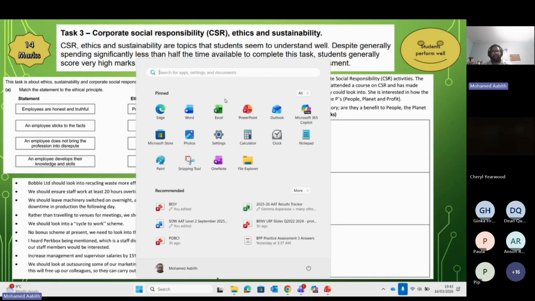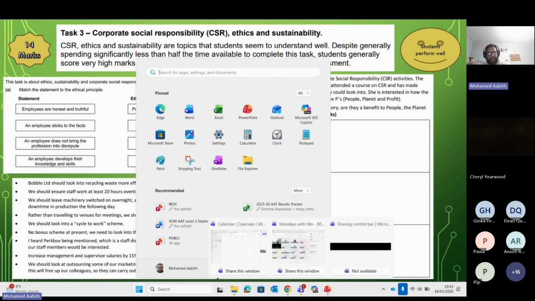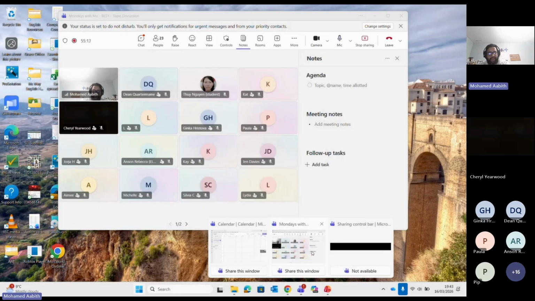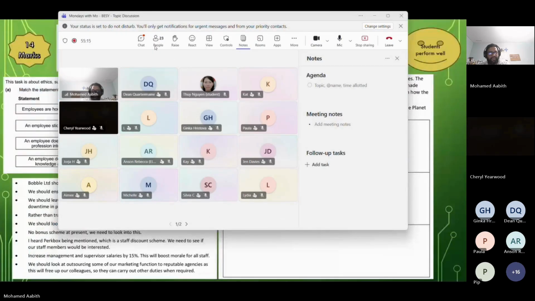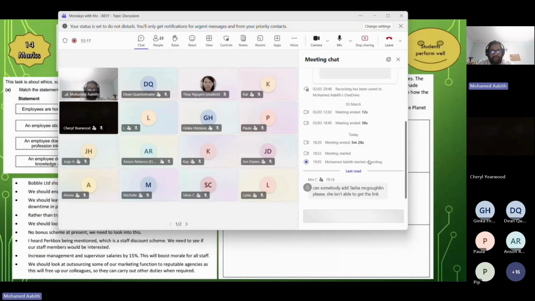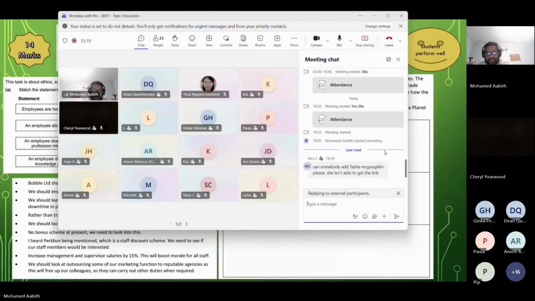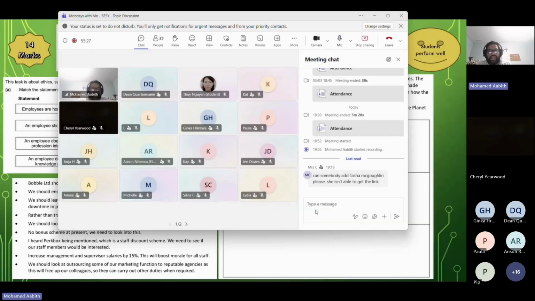Let's check the chat. Anybody has any ideas? What do you think about it? So let's bring the chat back up. Unfortunately, we cannot add anybody manually. They can only click on the link there. I think somebody is trying to log in there.